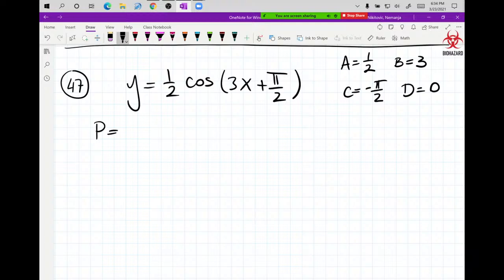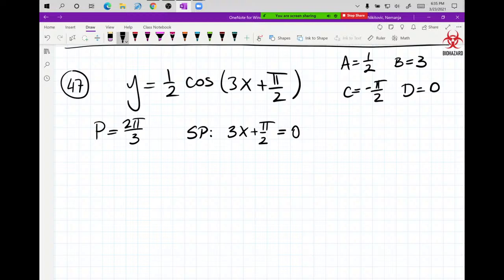So let's go and try and figure these things out. Period is always the first thing we calculate. And now, as you can see, it's like 2 pi over 3. But such is life, right? We'll work with it. It's fine. And we have our start point at 3x plus pi over 2 equal to 0.